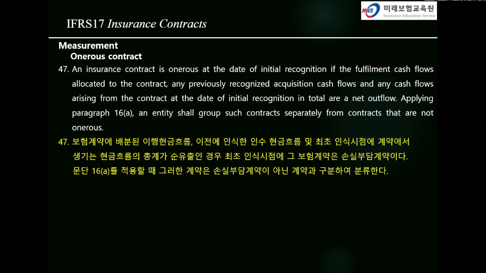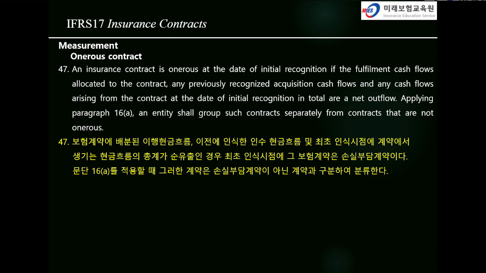There is an onerous test, but the onerous test means you have to estimate the fulfillment cash flow, and it includes everything. And this fulfillment cash flow in the introduction of this standard says risk adjusted present value of future cash flows.